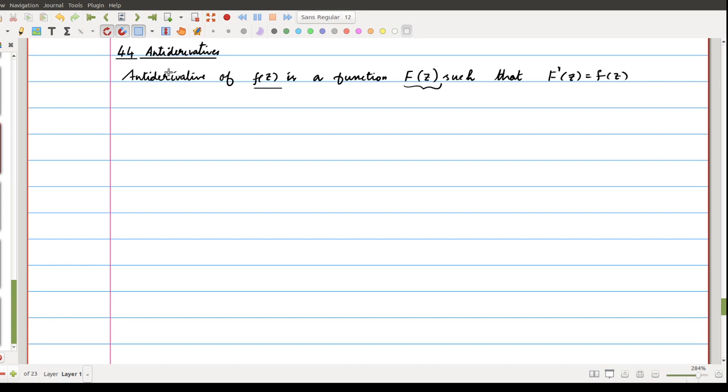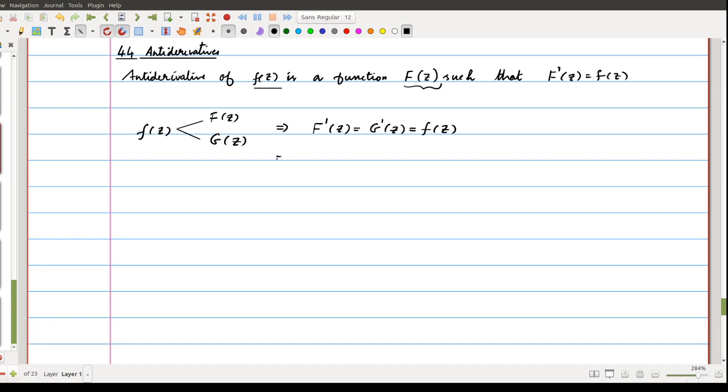Now we have a remark on antiderivatives. Suppose this f of z has two antiderivatives, say capital F of z and capital G of z. That means if these are two antiderivatives of the same function small f of z, then we will have capital F dash z as well as capital G dash z equal to small f of z by definition.